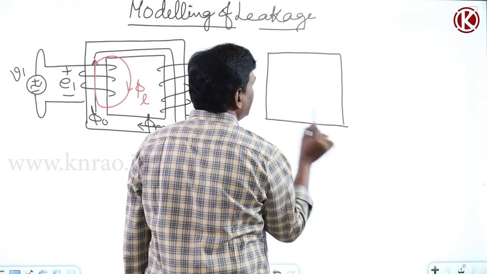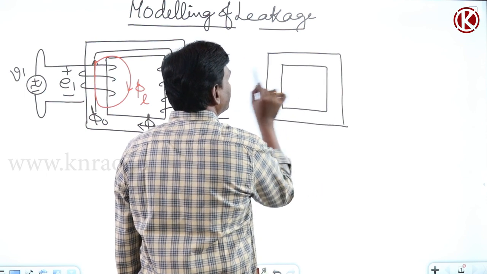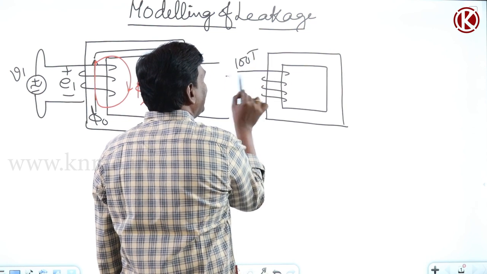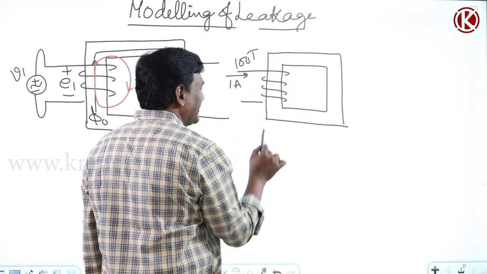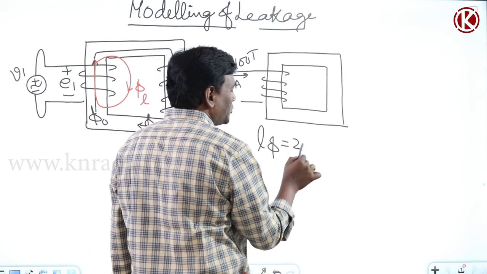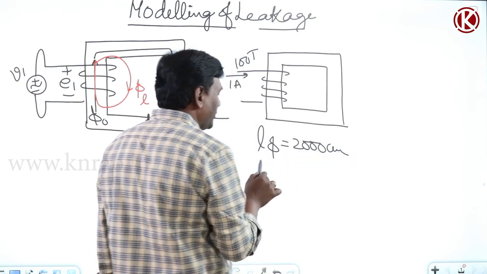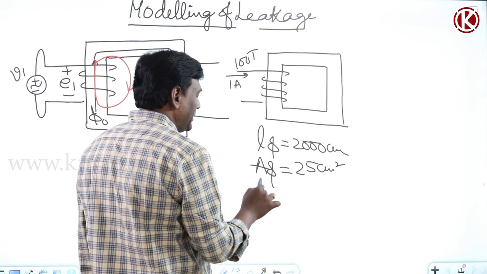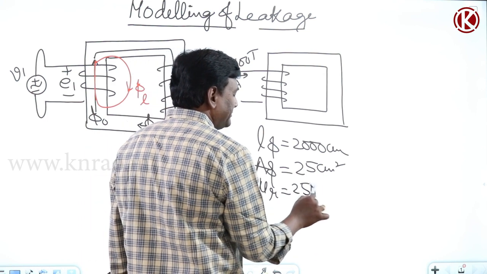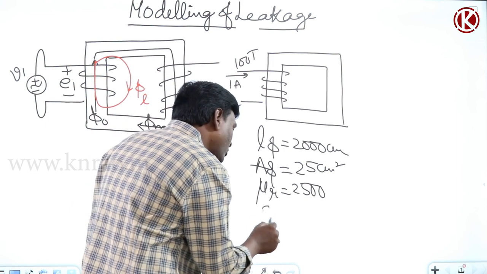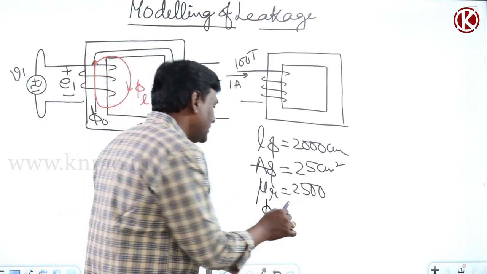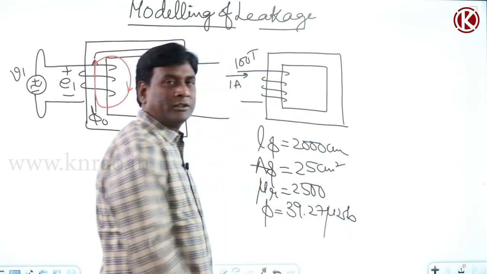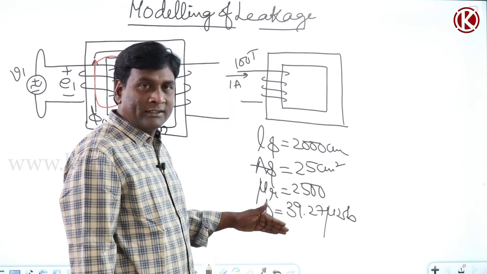In that problem we took 100 turns, and if I inject 1 ampere, with length of the flux path as 2000 centimeters, area of cross section of the flux path as 25 centimeters square, and relative permeability of the material as 2500, then we got an operating flux of how much? I think 39.27 microwebers of flux we got. So we calculated this.